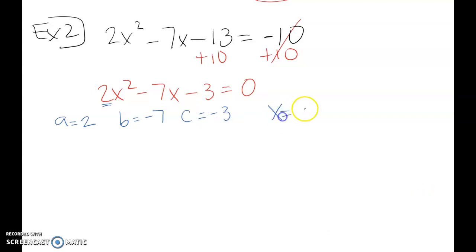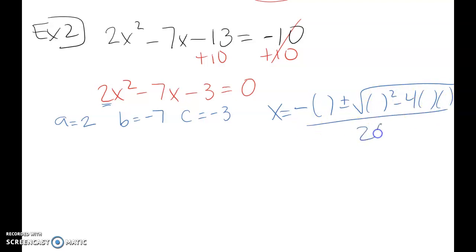So x equals negative b plus or minus the square root of b squared minus 4ac all over 2a. So plug in b, which is negative 7, minus 4a, which is 2, and c, which is negative 3. So if I simplify this, I would get x equals, a negative times a negative gives me a positive 7.